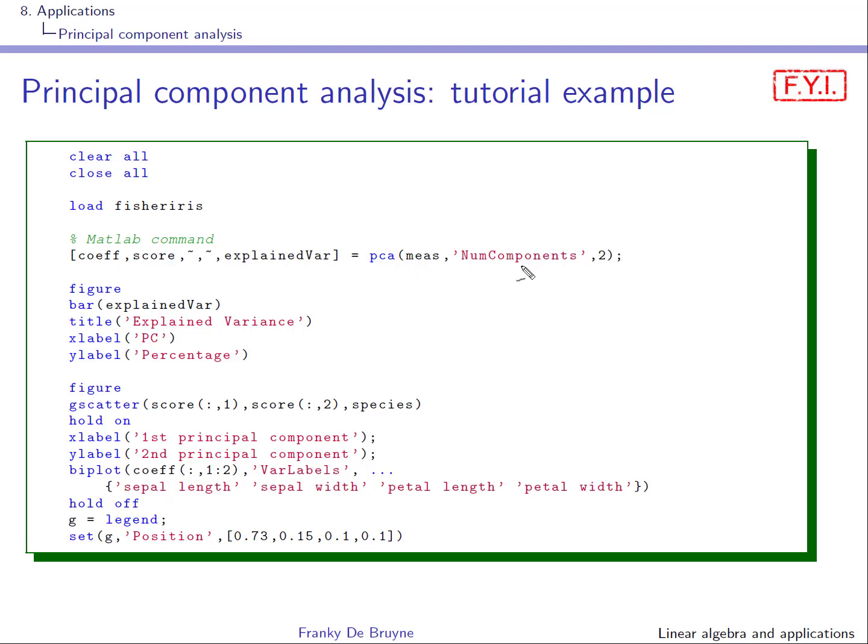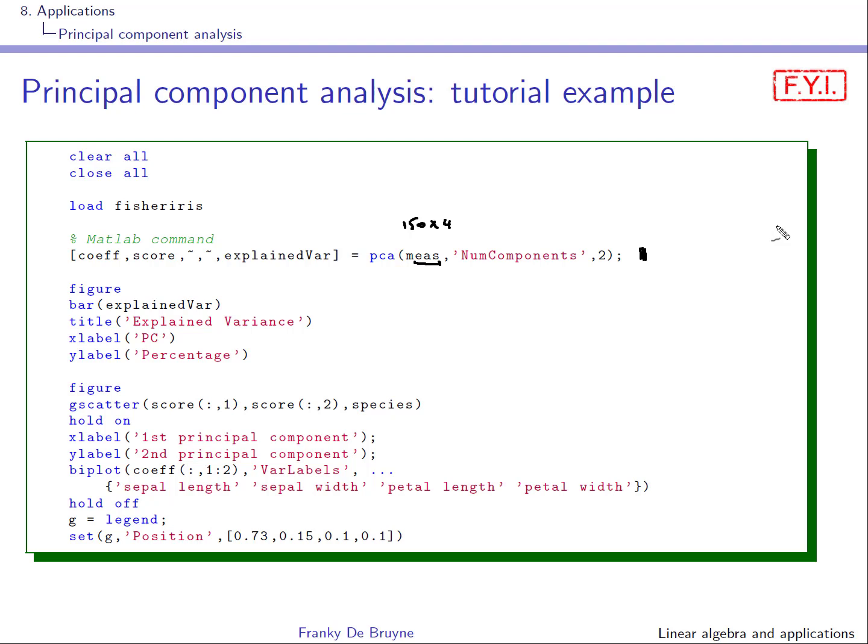We load the data and then we use the PCA command. This is the original measurements, a matrix that has 150 times 4 elements. In this example, we assume that we want to retain the first 2 principal components.